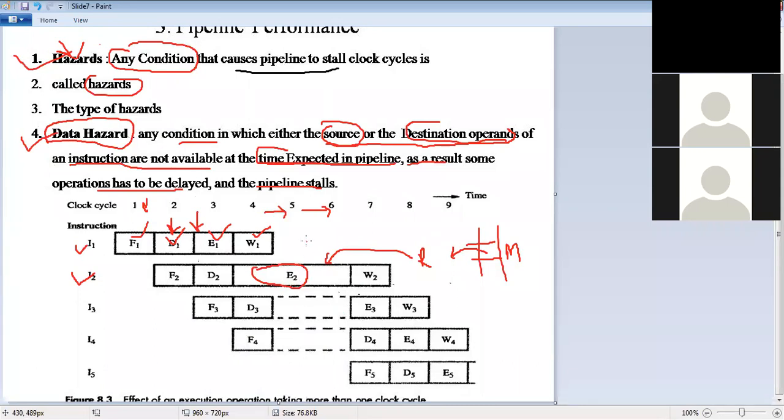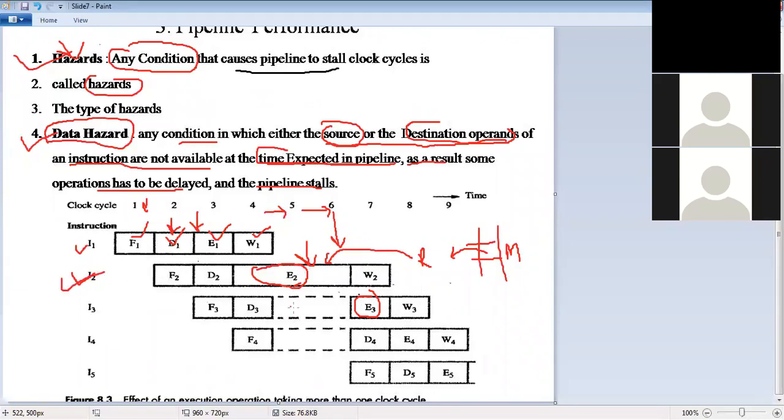And because of this, E2 is not idle till the 6th clock cycle. So E3 is now extended, because we cannot execute unless the execution unit is free from instruction 2.